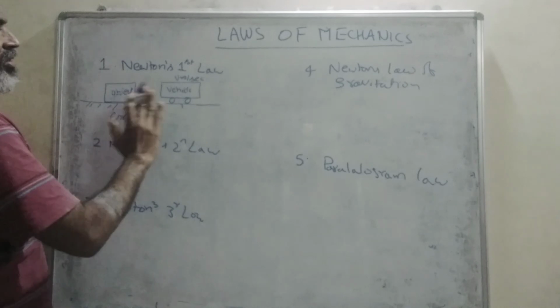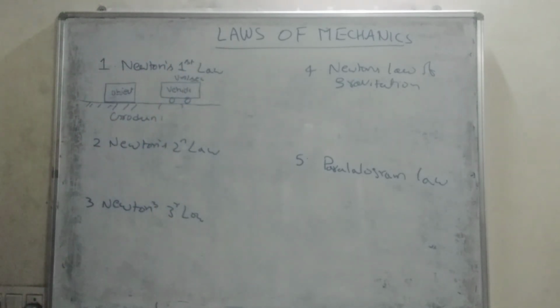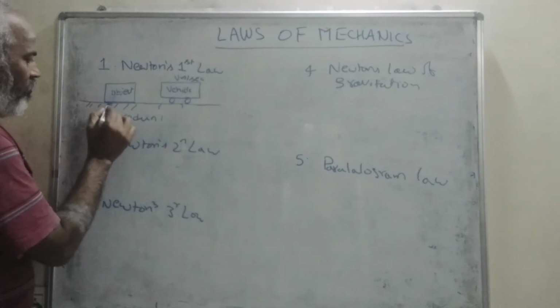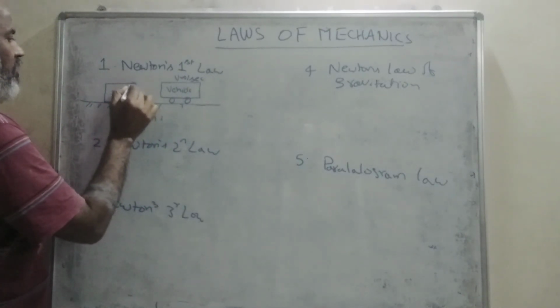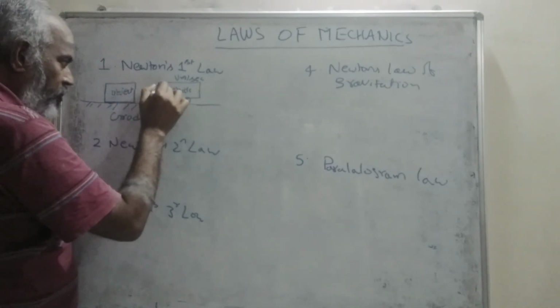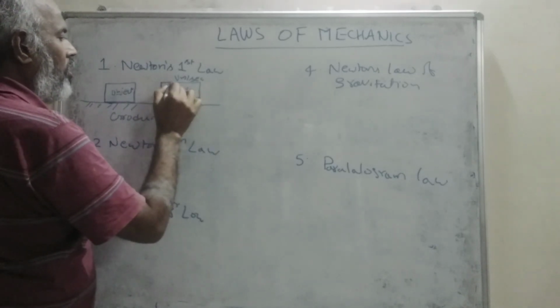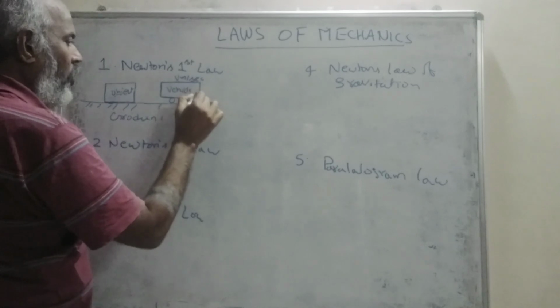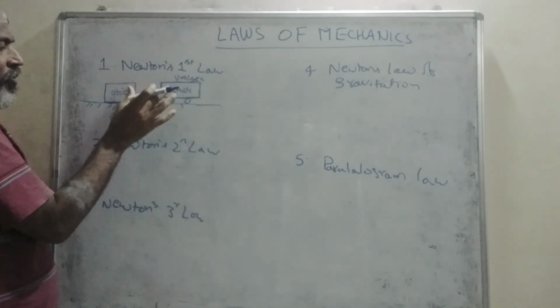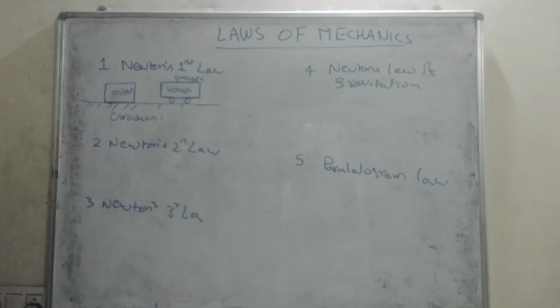It means it is not changing its velocity, it is steadily moving with velocity of v meters per second. Now, what Newton's first law says is that this object will be in a state of rest, or the object will be in a state of uniform motion.